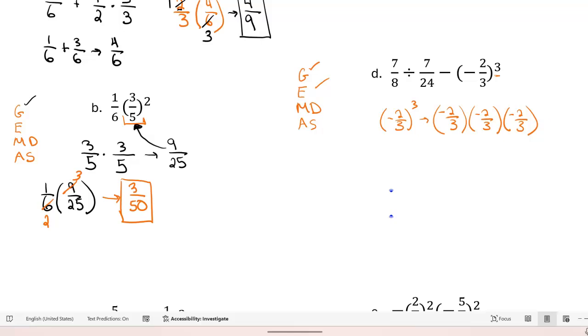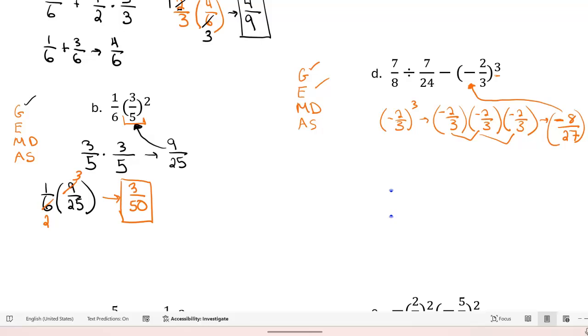Okay, so -2 times -2 is +4 times -2 is -8. So I know that that's going to be negative. So I have 2 times 2 is 4 times 2 is 8 over 3 times 3, 3 times 3 is 9 times 3 is 27. So this right here replaces that.